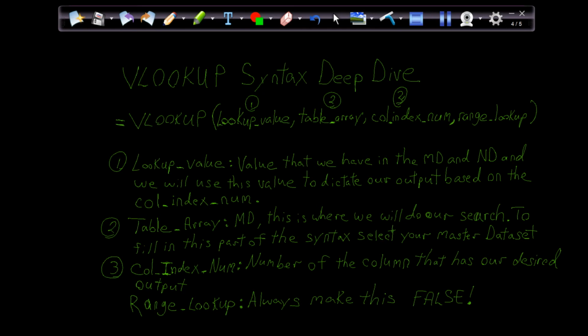And so if the output that we desired was in column B, our column index number portion of the syntax, we would put the number 2 there. Okay? You can't put letters in the column index number, you have to put a number, so it has to correspond with the column, and so that's how you figure that part of the syntax out.